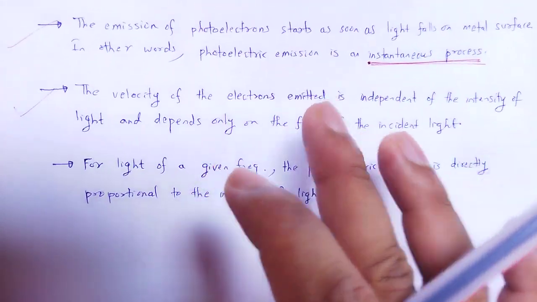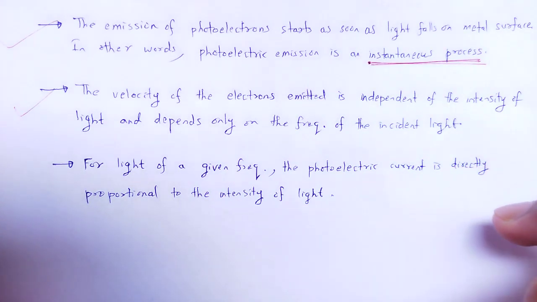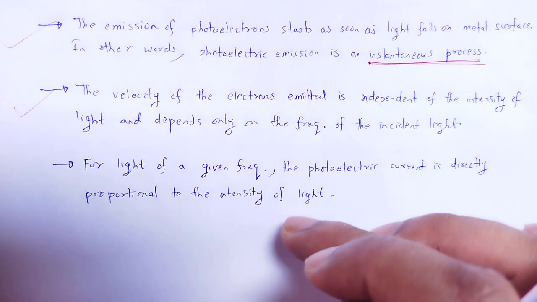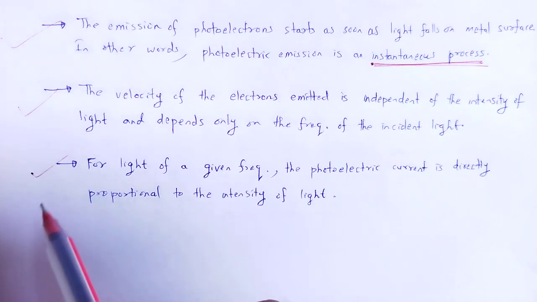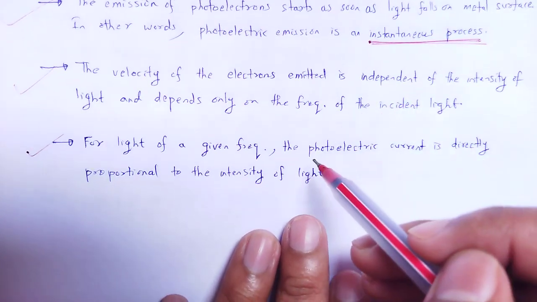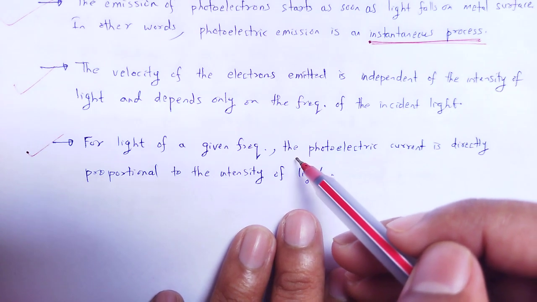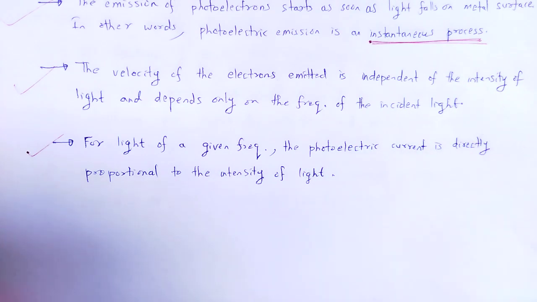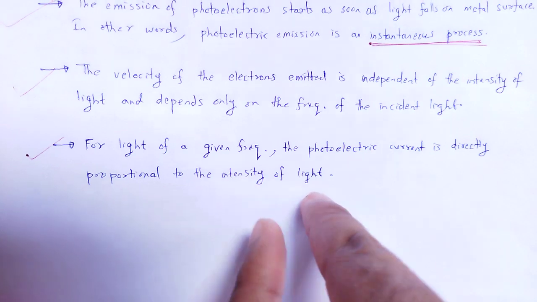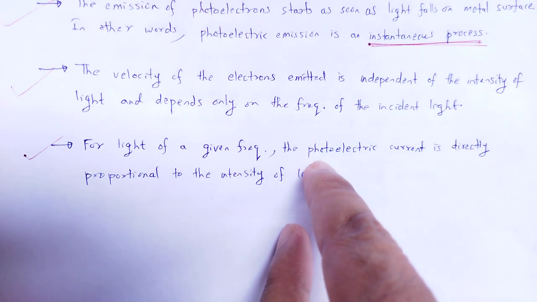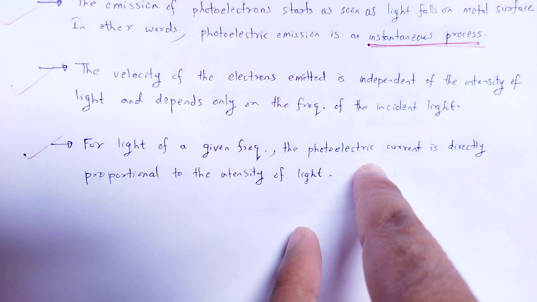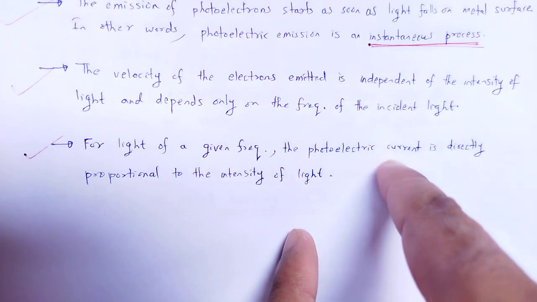Last one, for light of a given frequency, the photoelectric current is directly proportional to the intensity of light. If the intensity is more, then there will be more photons. More photons eject more photoelectrons, and therefore more photoelectric current.